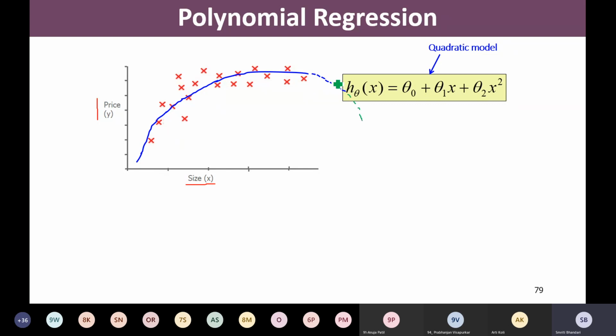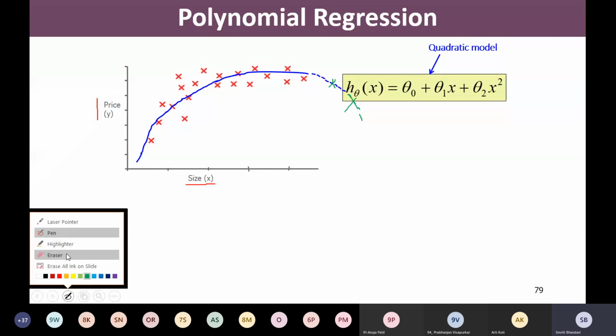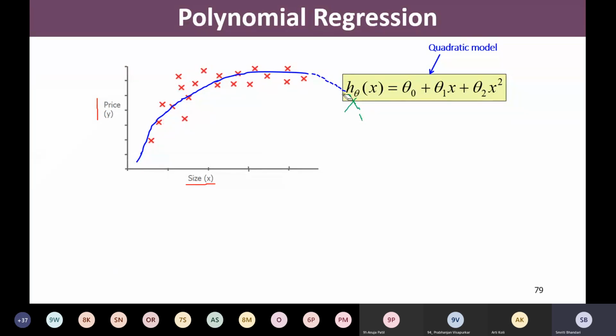And if I select this quadratic model, then even though the size of the house is more, I am predicting the less price, and that is why I need not select such a quadratic model as well. So no worries, we have several such different models that we may come up with.